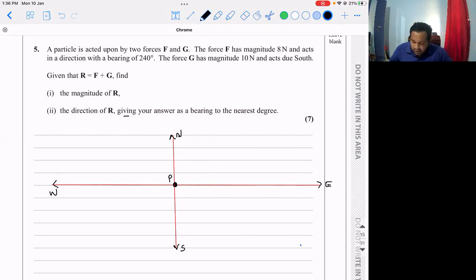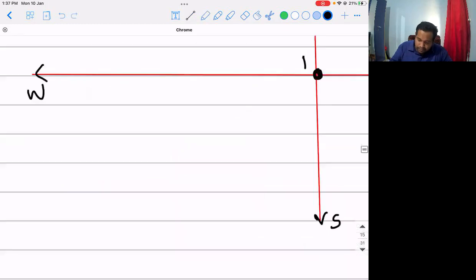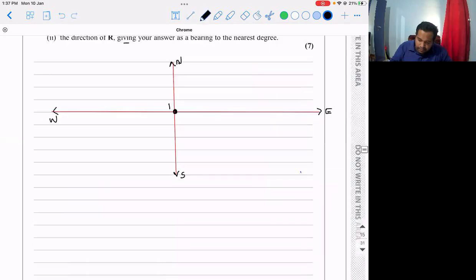So what is the speciality of F? The magnitude is 8 Newton and it acts in a bearing of 240 degrees. So somewhere here. So we are going to show the bearing. It's 8 Newton, right?